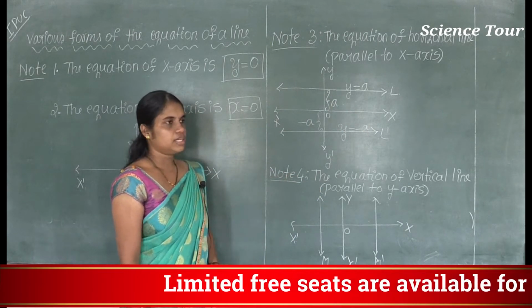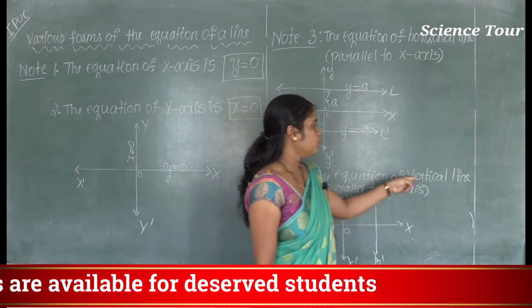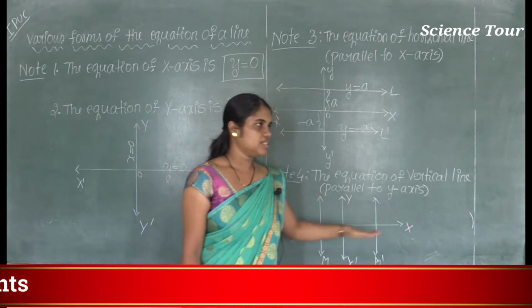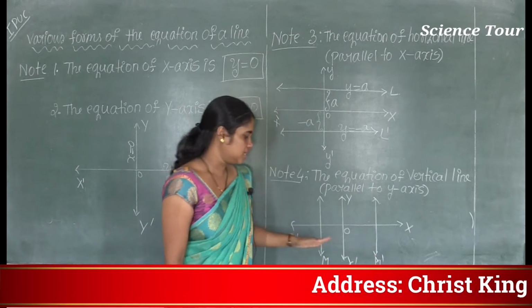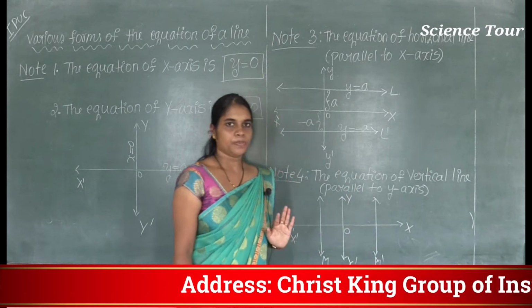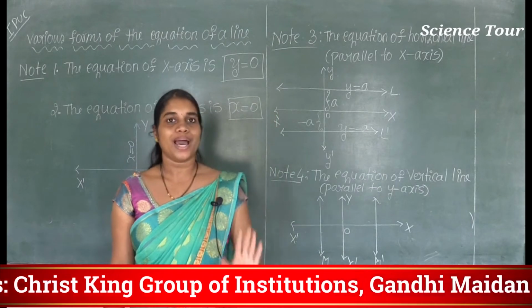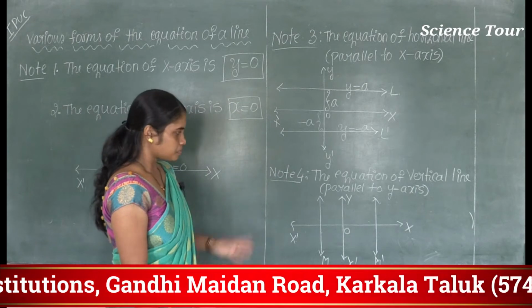So next we will consider note number 4, the equation of the vertical line. See, this is a coordinate system. On this coordinate system I have considered two vertical lines, that is M and M dash. You can observe here those vertical lines are always parallel to the y axis, isn't it?